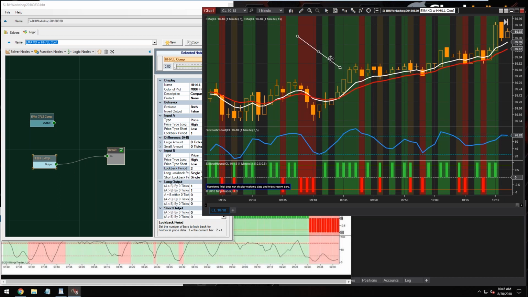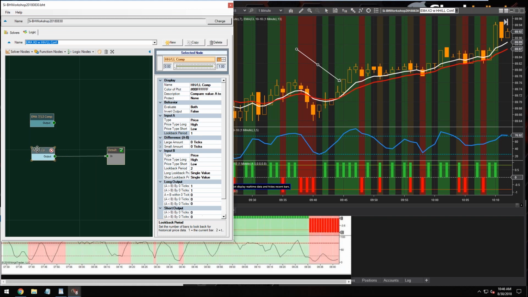Of course, it will be possible from time to time that a bar will both have a higher high and a lower low, in which case you'll get a long and a short output at the same time. All right, so anyways, we know this is working here.